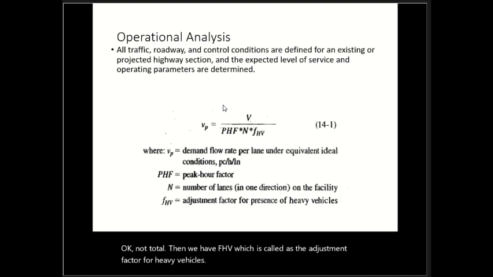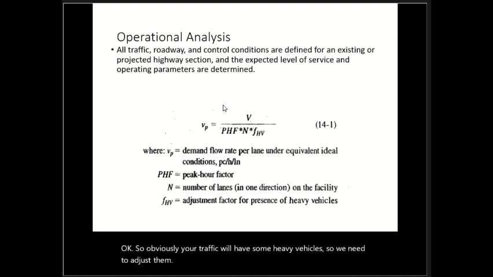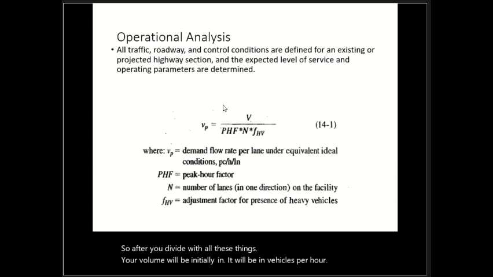Obviously your traffic will have some heavy vehicles, so we need to adjust them. So after you divide with all these things, your volume initially will be in vehicles per hour. When you apply this equation, your vp will be in passenger cars per hour per lane.